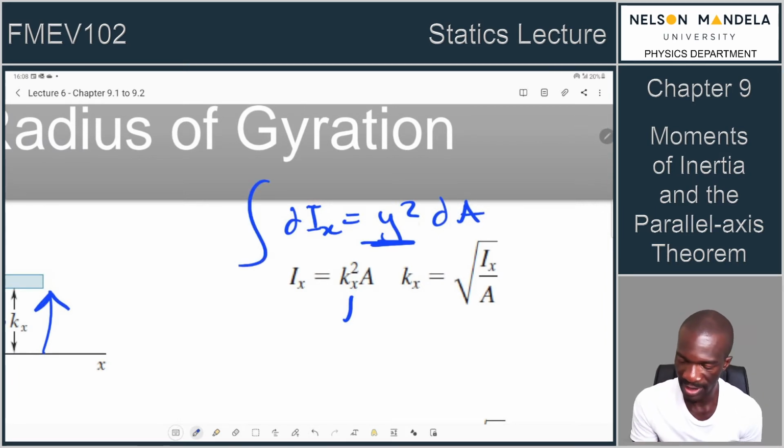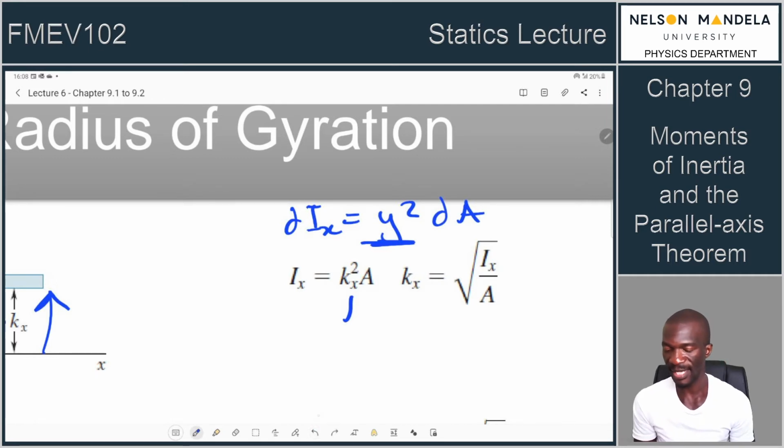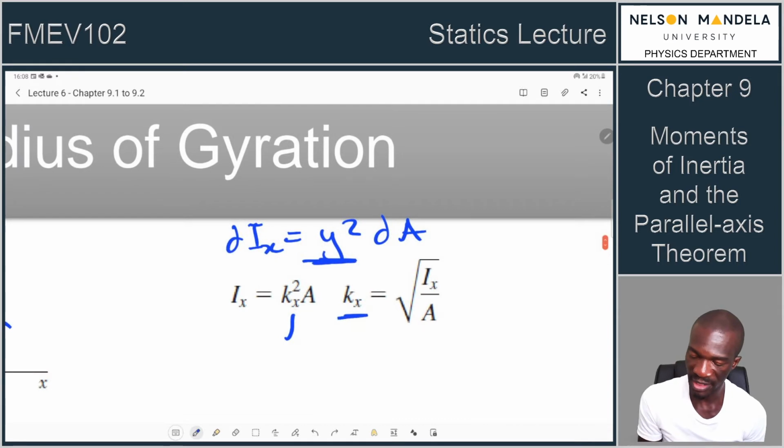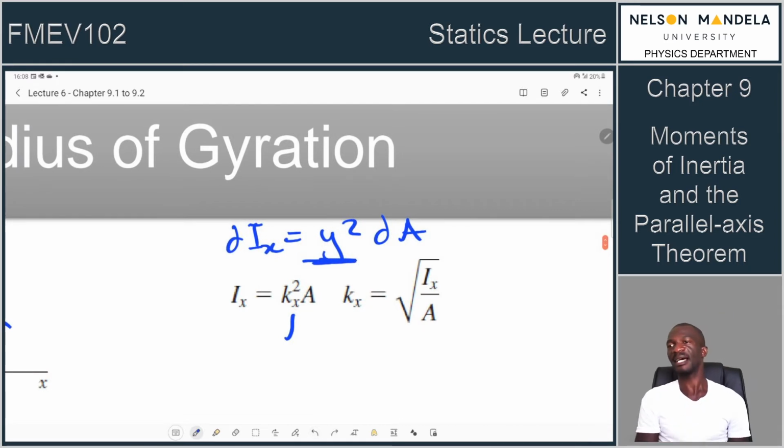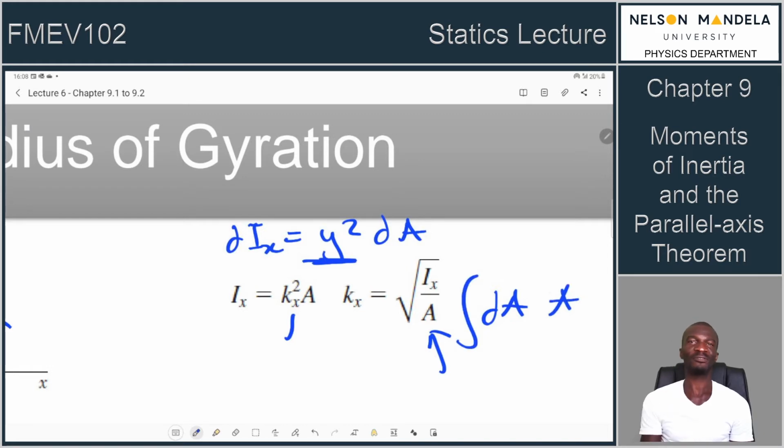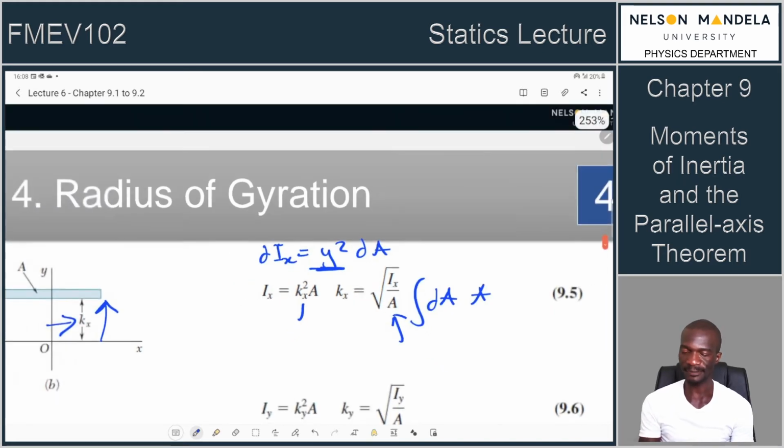When we integrate, we just have k squared dA, k squared, and then we multiply by the integral of dA and get an A. So by definition, the radius of gyration about the x-axis is simply equal to the square root of the moment of inertia about the x-axis divided by the area. This is where you can conveniently use your dA, because if you have a dA, then you can integrate it to get an area, and then you've got your radius of gyration.